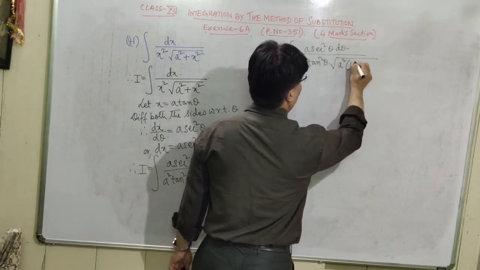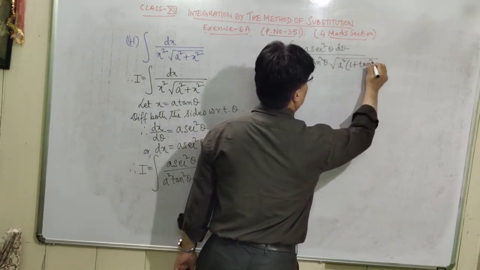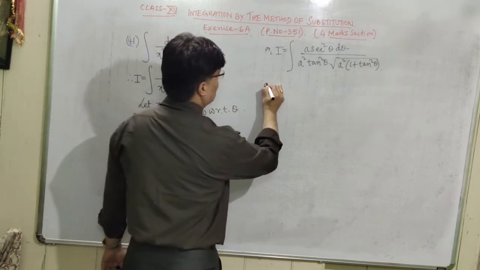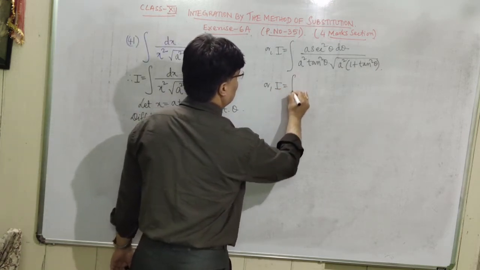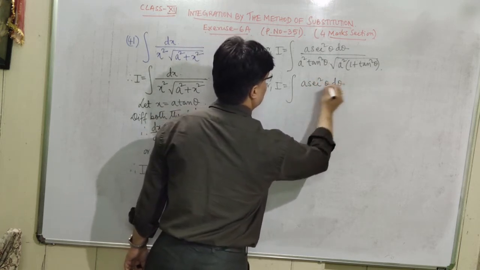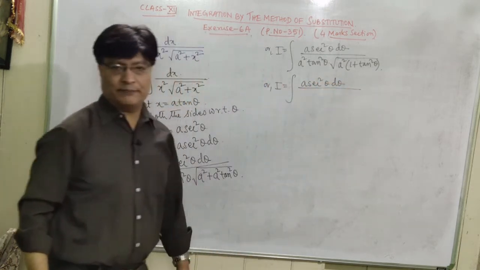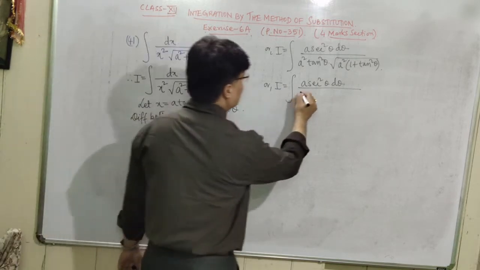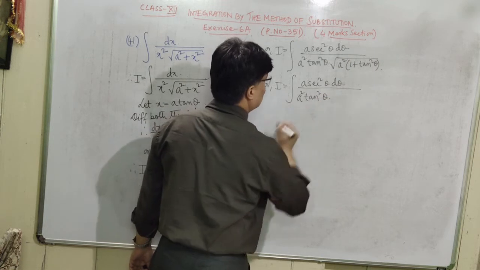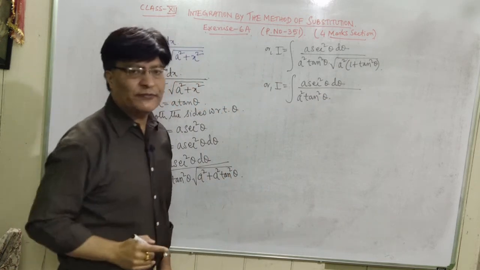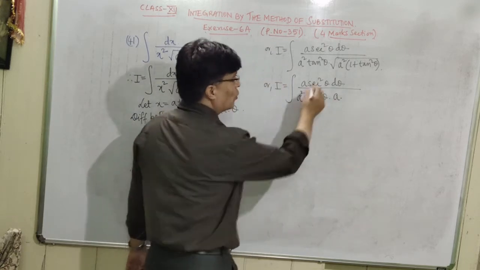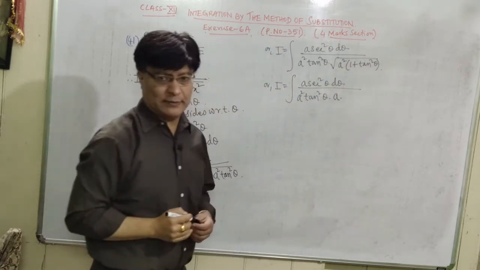A square within bracket, it is 1 plus tan square theta, right? So I is equal to the integration of a sec square theta d theta divided by a square tan square theta into the square root of a square tan square theta. What is the square root of a square? It is a into root over 1 plus tan square theta.